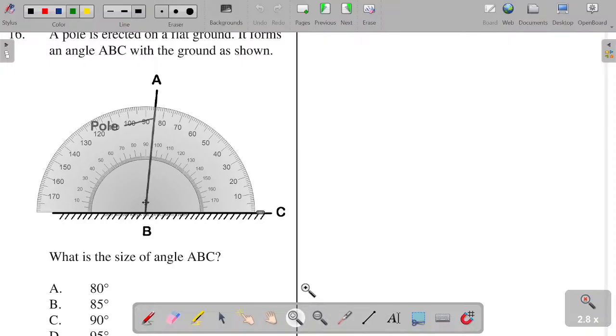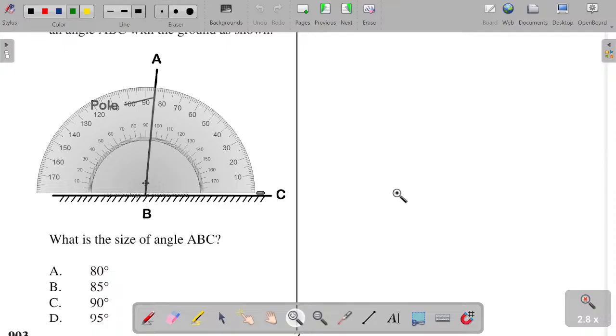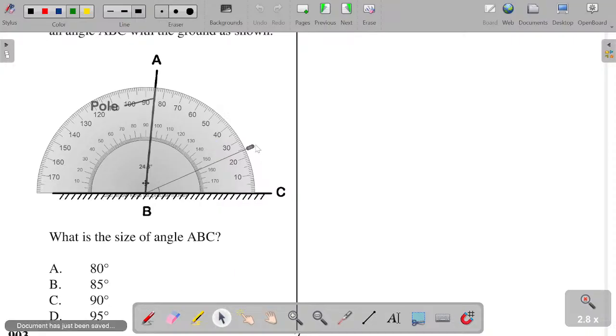When we are there, if you are very keen, if I have to take a reading from here, like this, like that, look at what I'm going to get. Up to that point, I'm getting 85.1 degrees.